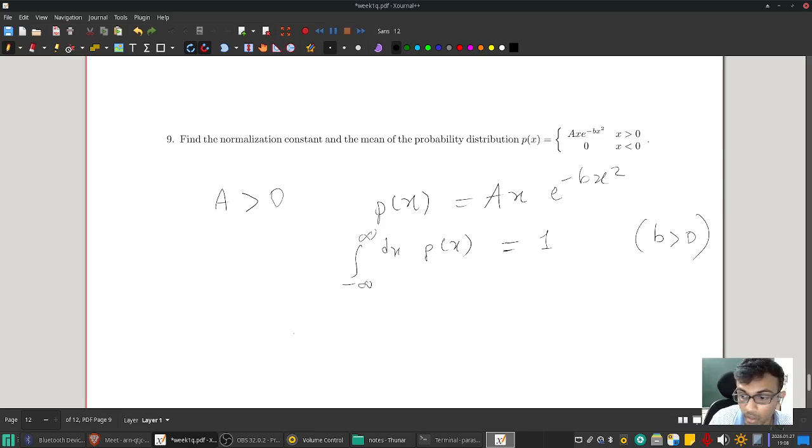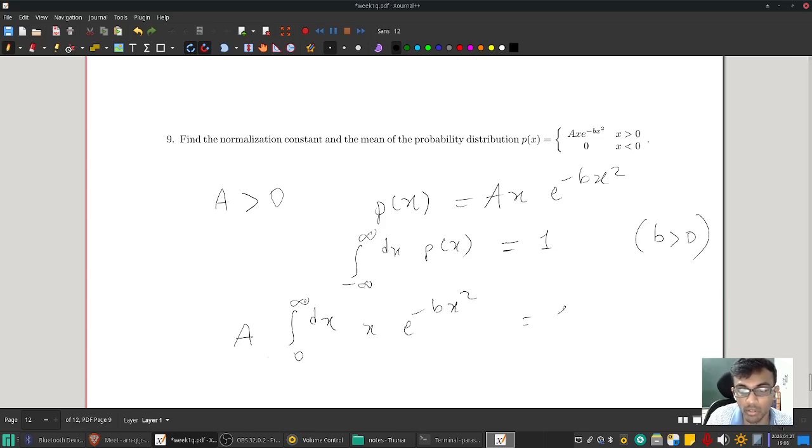Anyway, we have to find the normalization constant A, and we need this integral. Since it is 0 anyway for x less than 0, we can do this from 0 to infinity. So this has to be 1.